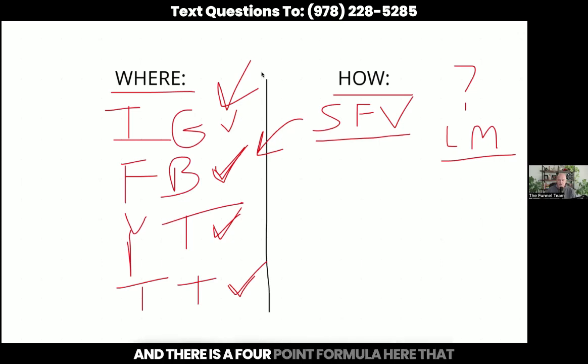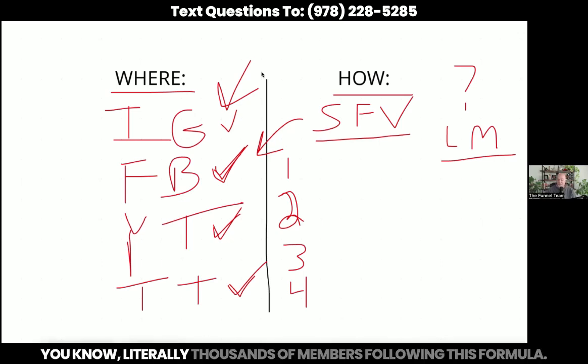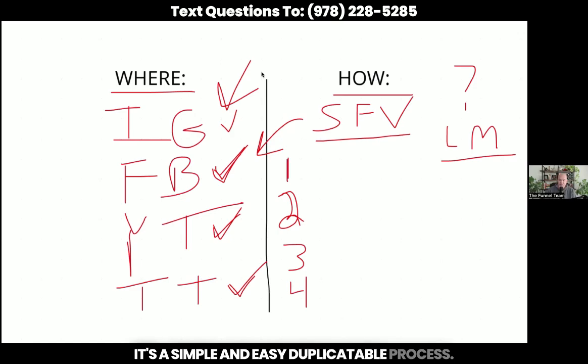And there is a 4-point formula here that you need to follow in your short form videos if you want to generate that lead. Okay. It's as simple as that. So, myself, my students, everyone that follows me, everyone that works with me, we teach them this 4-point formula. That's how our team grows as big as it did, literally thousands of members following this formula. It's a simple and easy duplicatable process.